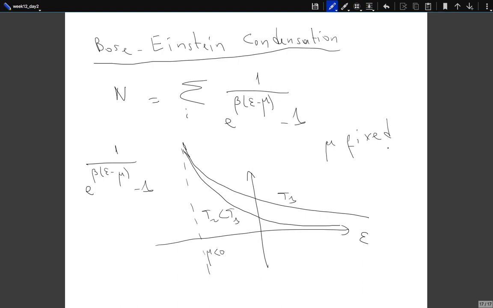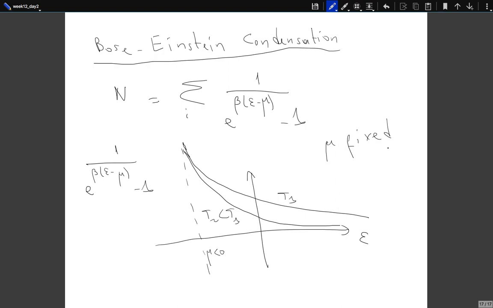So if you still interpret this as an occupation number of a given state, as you lower the temperature, the occupation number of the energy states gets smaller and smaller. That makes sense, especially for the excited states. As you lower the temperature, the number of particles in the excited state should get smaller and smaller.